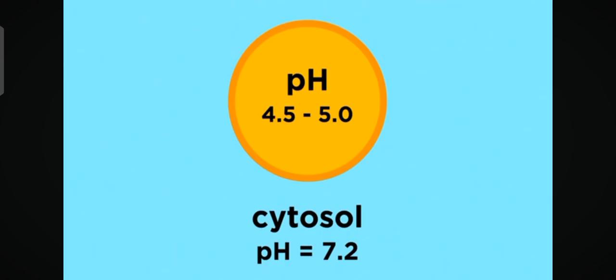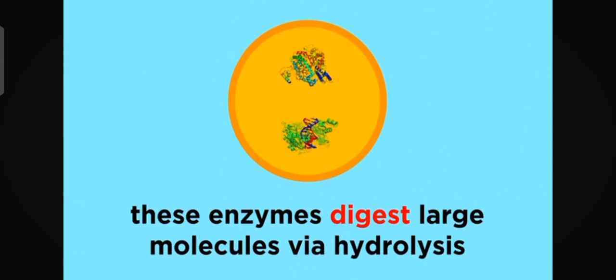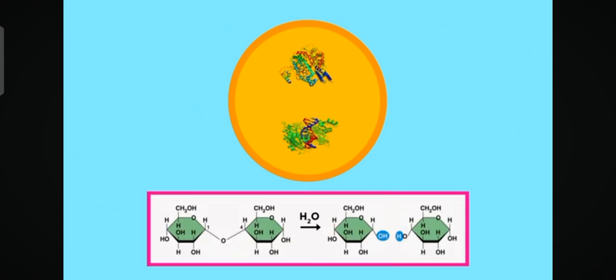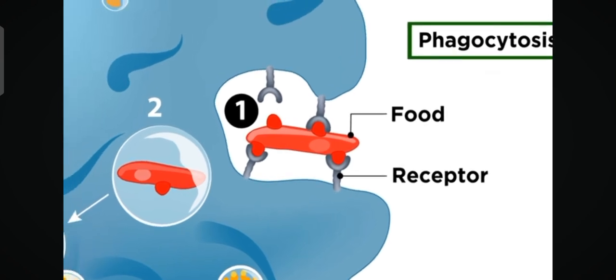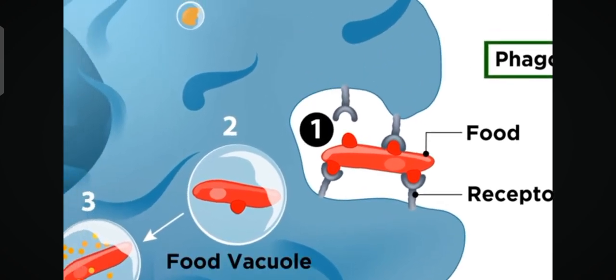This is a sac containing an environment that is much more acidic than the rest of the cell, and it holds enzymes that digest large molecules via hydrolysis, which is the breakdown of a compound due to reaction with a water molecule. When food enters a cell through a vesicle by a process called phagocytosis, multiple vesicles fuse to form a vacuole.